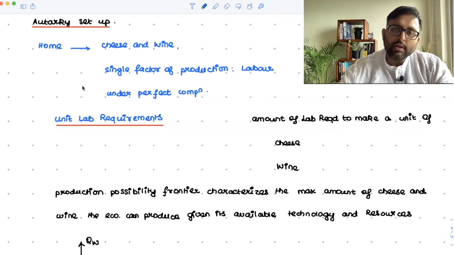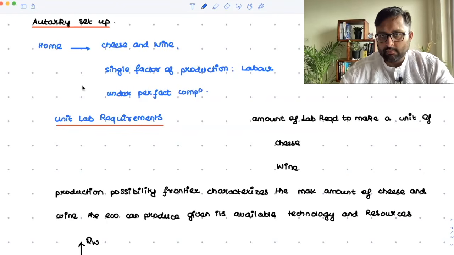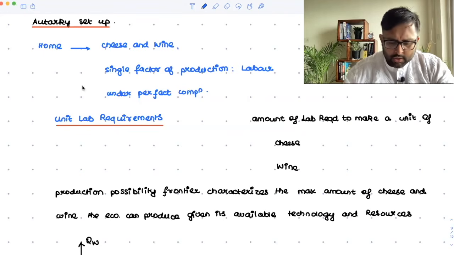So there is one country, a home country. It can produce cheese, it can produce wine. It is using just one factor of production, which is labor, under perfect competition. So we can define the unit labor requirements.